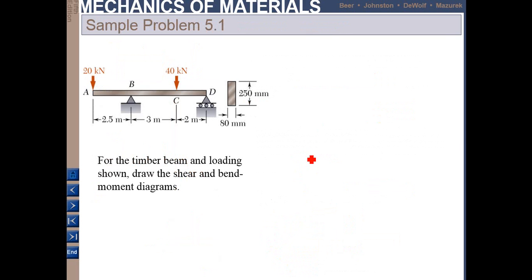Okay, in order to understand what we are actually talking about, we look at this example. What you will learn in this chapter is, first, you have to determine the internal shear force and also the internal bending moment.